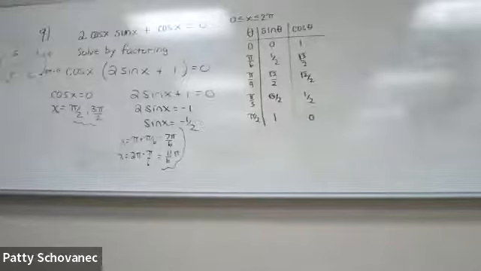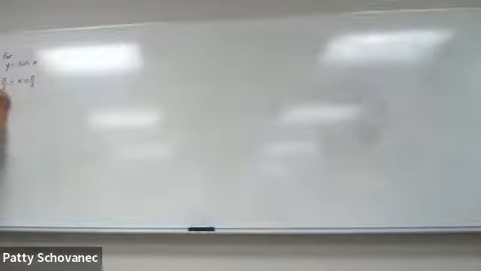Inverse trig functions for y is equal to the sine of x. We had to restrict those x's to be angles between minus pi over 2 and positive pi over 2 to give us y values between -1 and +1.